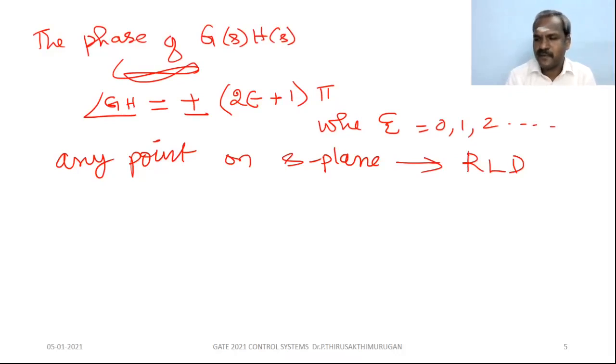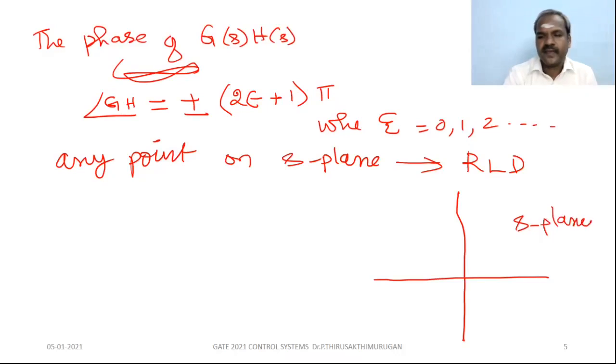Let's see one simple example. Before discussing this, let us first see the poles and zeros of the system. This is the S-plane, where the x-axis is the real axis and the y-axis is the imaginary axis, with plus and minus j omega and minus sigma.